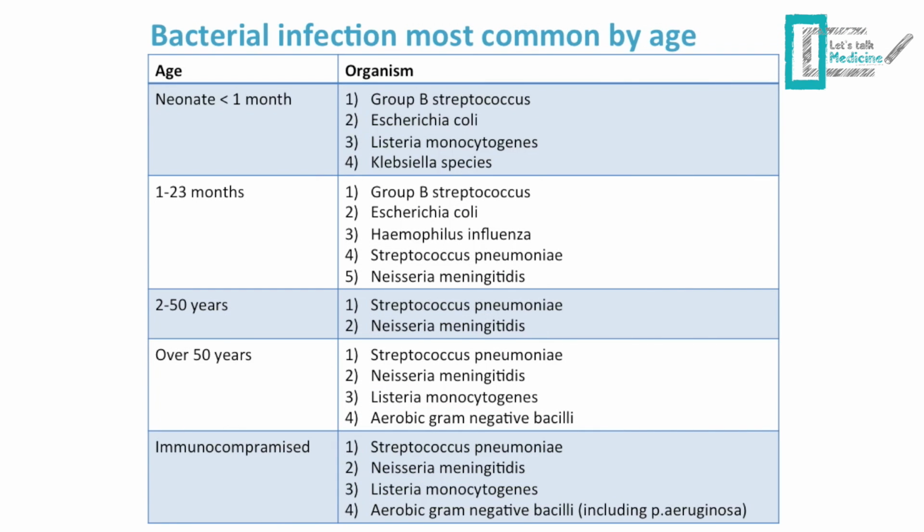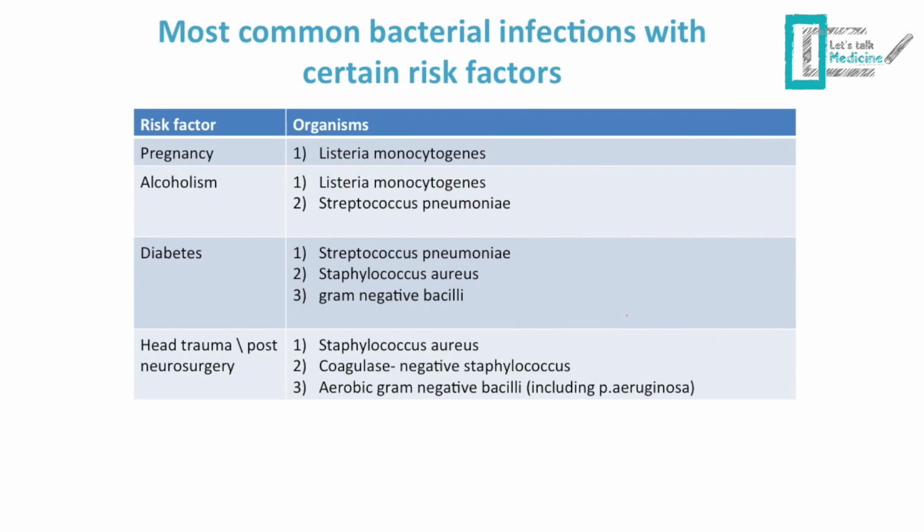This is just a table summarizing the different age groups with the most important and relevant organisms that can cause bacterial meningitis. This is another table summarizing the different special populations that we are talking about, like pregnancy, immunocompromised patients, and head trauma. What I want you to emphasize here is important high-yield information.